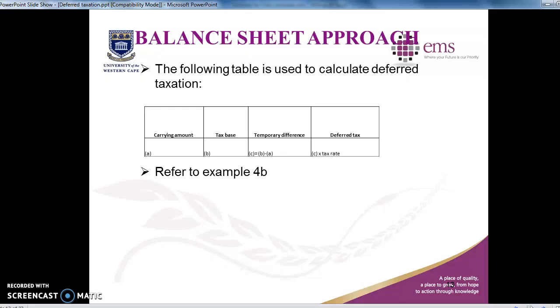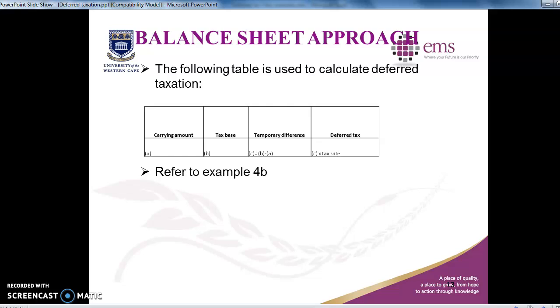So if our carrying amount is more than our tax base, we will have a taxable temporary difference. And if the carrying amount is less than our tax base, we will have a deductible temporary difference. Okay, I'll repeat that again. If our carrying amount is more than our tax base, we will have a taxable temporary difference.